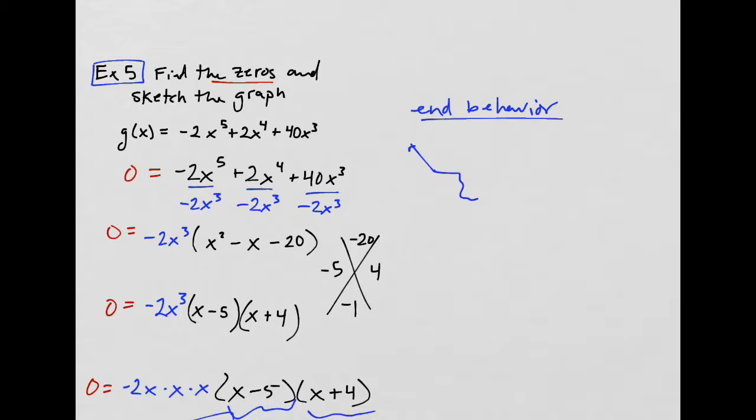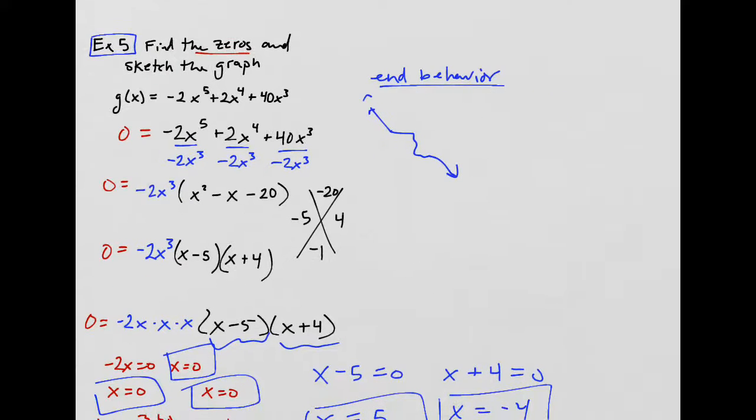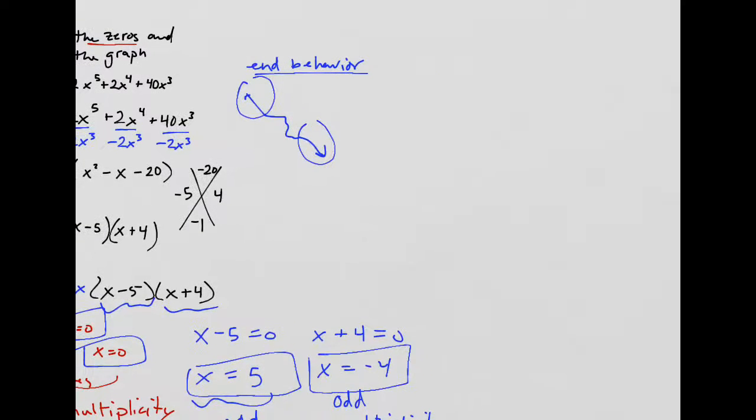Something could happen in the middle, but it's going to be sloping downwards because I have a negative lead. And it's odd. If it was even, it might open up or open down. But that's not this. So, end behavior, on the left side, I'm going up towards infinity. On the right side, I'm going down towards negative infinity. So that'll help me with my graph, and I'll show you why.